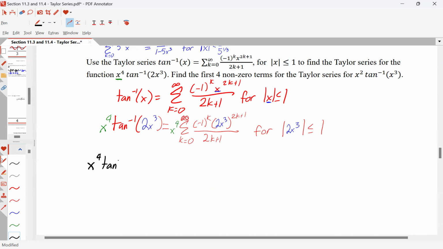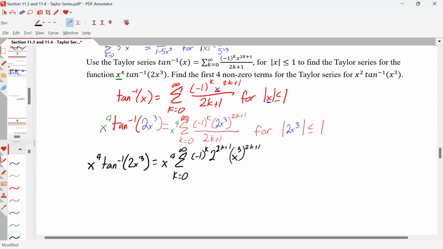So we have x to the fourth tangent inverse 2x cubed equals, the first thing I'm going to do is distribute that exponent of the 2k plus 1. It's going to get multiplied by 2, so I have 2 to the 2k plus 1. And I have x cubed to the 2k plus 1.